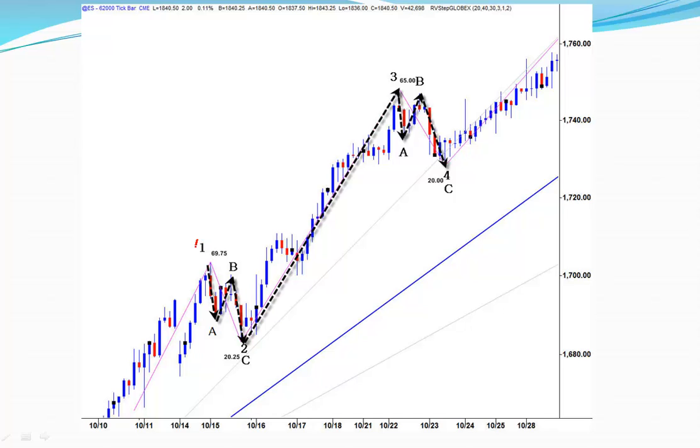So the market made its first wave up and then gave that corrective process, that A, B, C corrective process down before taking off higher. Same thing happened after that third wave was put in. We have that A, B, C corrective process before the market went higher.